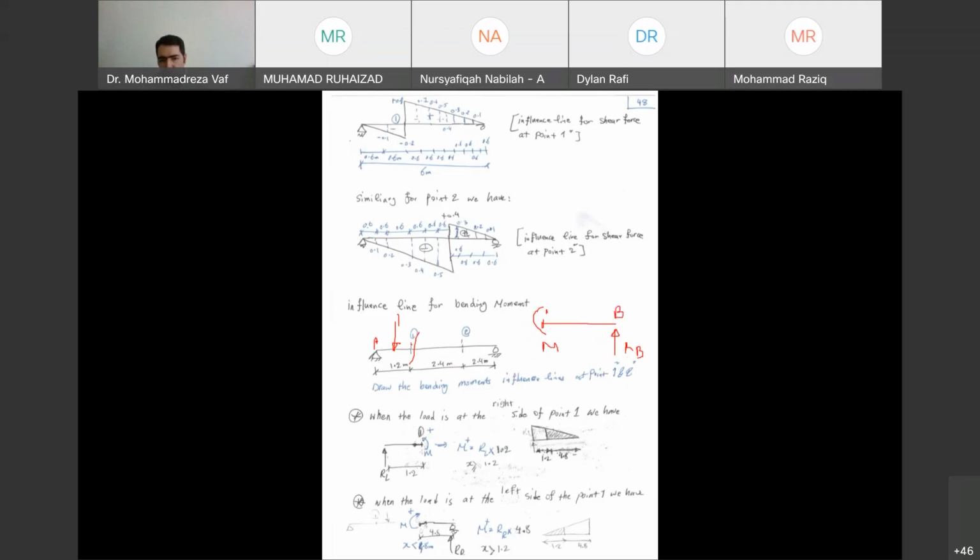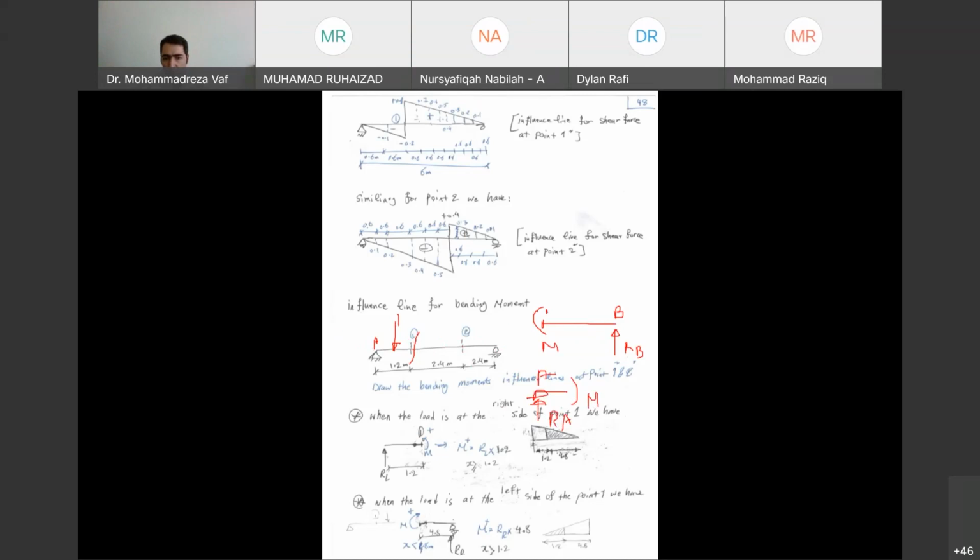When the load passes point 1 and comes to this side, then you can look at point A and say that my bending moment always equals RA multiplied by 1.2. So two conditions. When the load is between point A and 1, you can look at the right side of the diagram. When the load passes point 1, you can look at the left side.